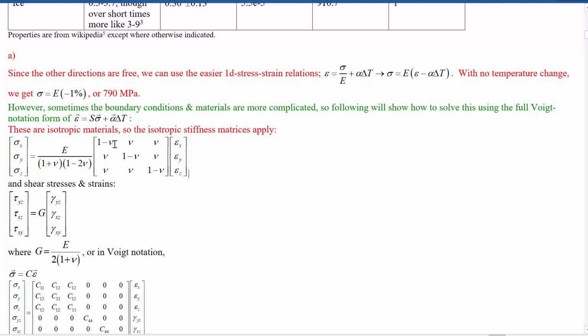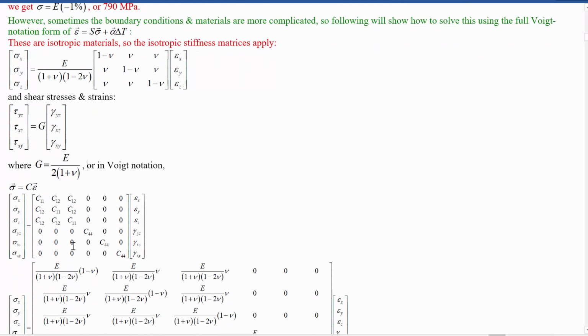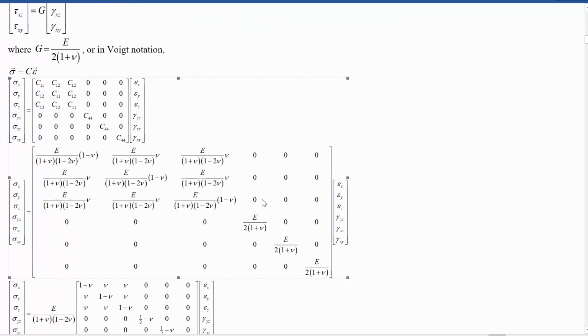So you might remember this from a mechanics course. And for the shear stuff, it's just the shear stress is equal to the shear strain multiplied by the shear modulus, where shear modulus, again, only for an isotropic material, is equal to E over 2 times 1 plus Poisson ratio. If you were to combine this stuff into a full 6x6 form, then we have this kind of symmetry for the isotropic material in the matrix, and substituting in these components directly gives us this full list of parameters here.